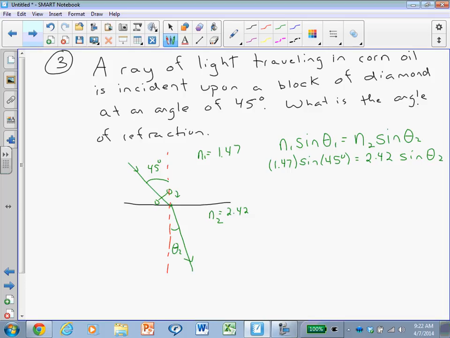So if we multiply these two things together and then divide by this, then we'll get what sine theta 2 equals, right? So we'll multiply 1.47 times the sine of 45. Make sure your calculators are in degrees. And then we'll divide that by 2.42. And that gives us 0.43. Make sure you can get to that part if you own one of these things.